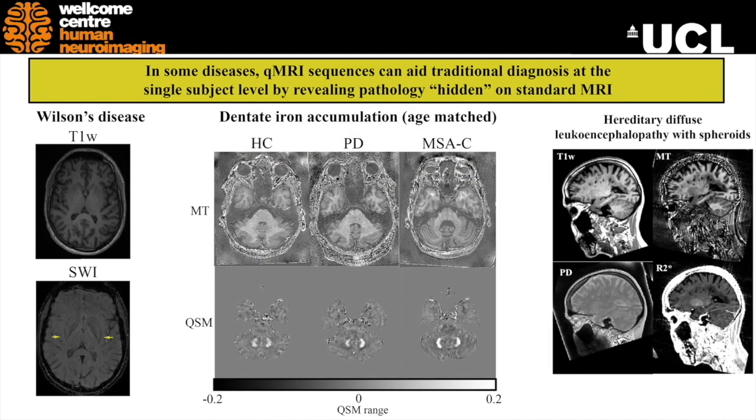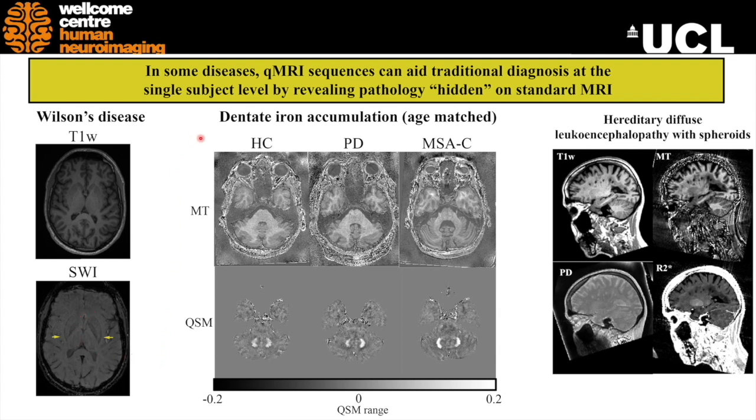In some diseases, quantitative MRI can aid traditional visual-based diagnosis at the single subject level by revealing pathology that's hidden on standard T1 weighted MRI. Working through these examples, on the left we have Wilson's disease, which is caused by abnormal copper accumulation within the lentiform nucleus, which cannot be appreciated on the T1 weighted MRI, but suddenly becomes apparent on susceptibility weighted imaging.